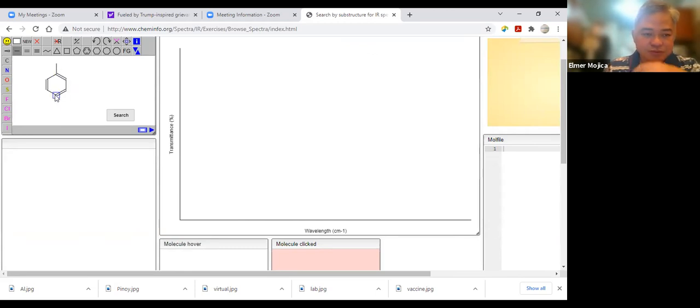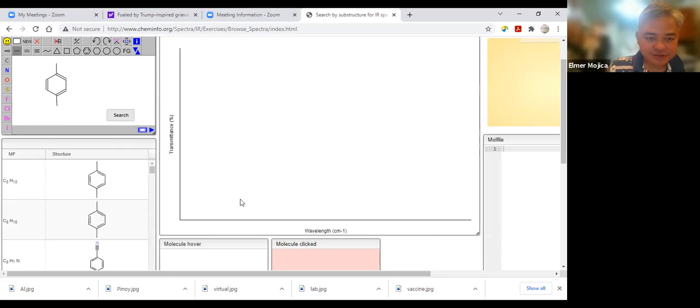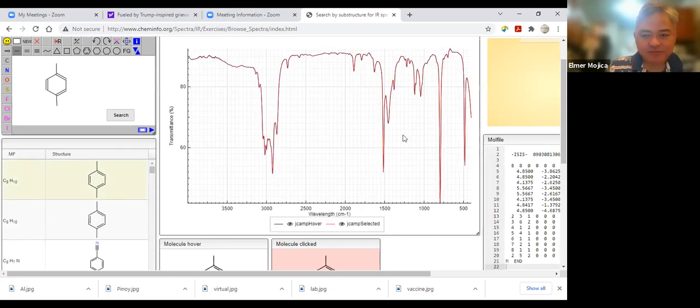Oops. There, a straight line. So this is a para-xylene. If you want to look at the difference of that with the other isomer, this is one way to look at it.